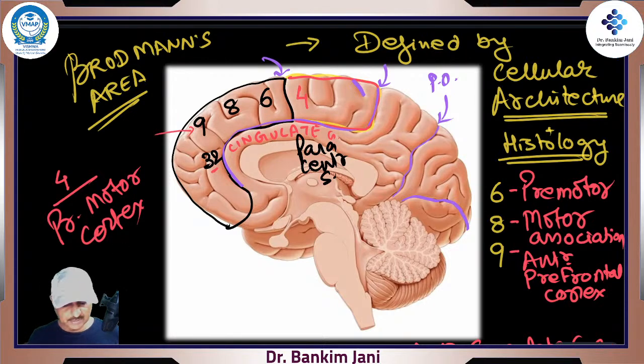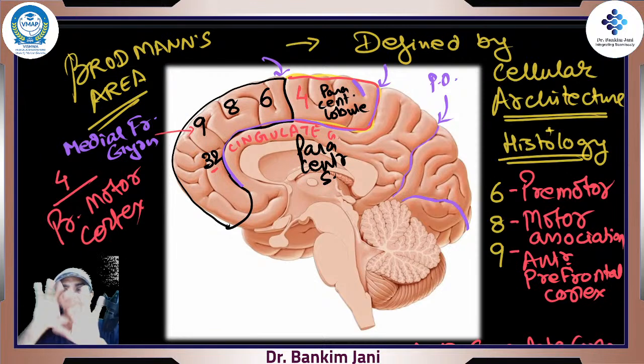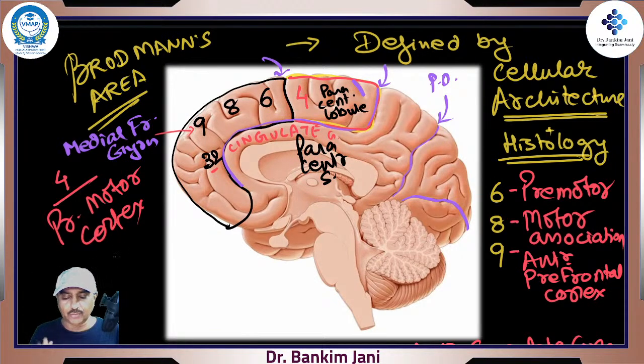The anterior one was the medial frontal gyrus, right? And this portion, I'll put it in black, is the paracentral lobule. The paracentral lobule is where there is the central sulcus and surrounding it, this entire lobule, which has motor and sensory areas.